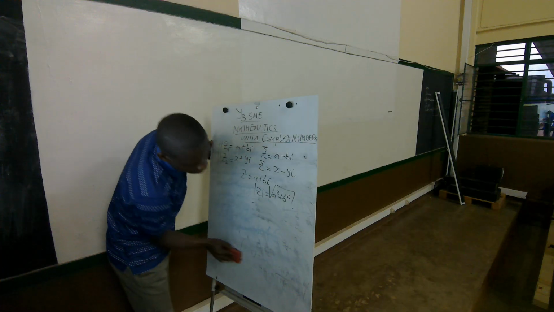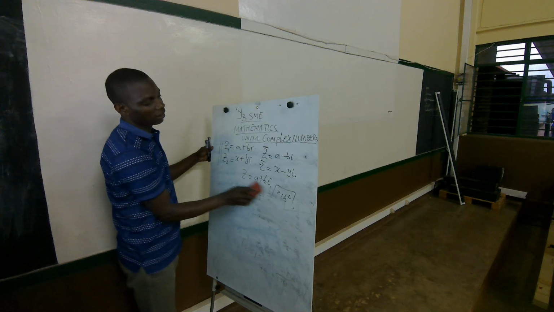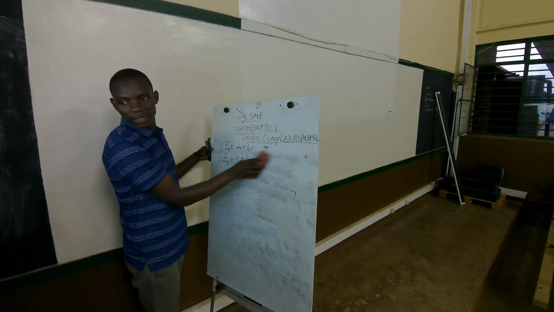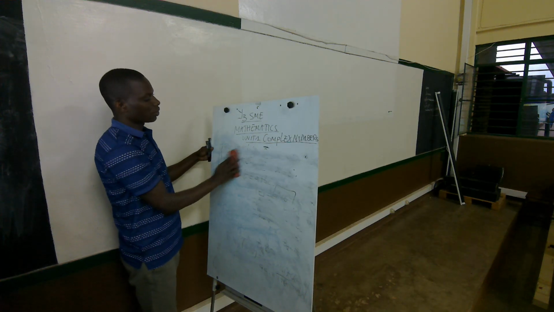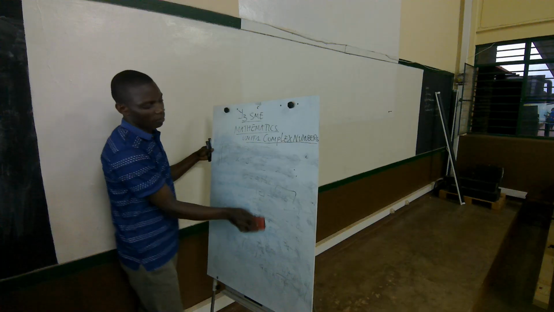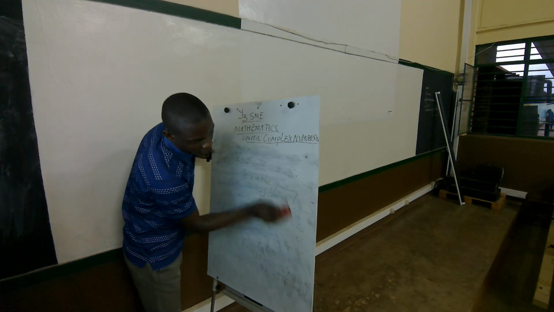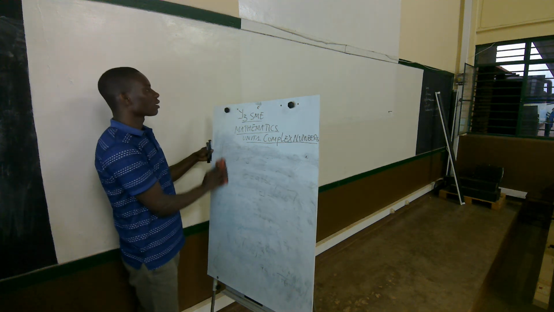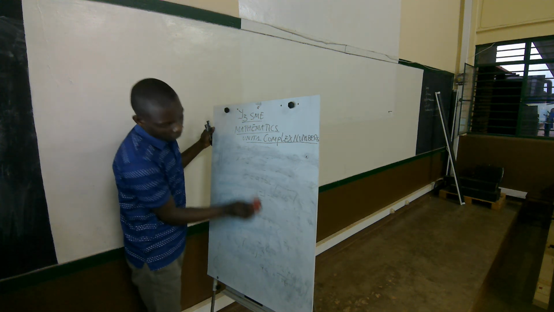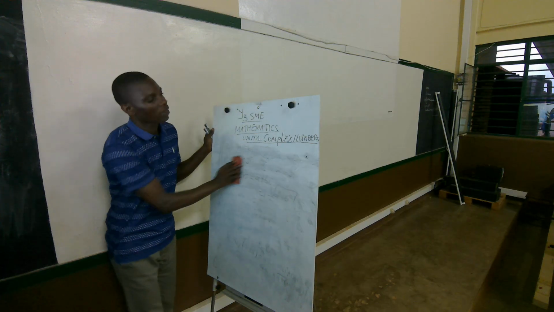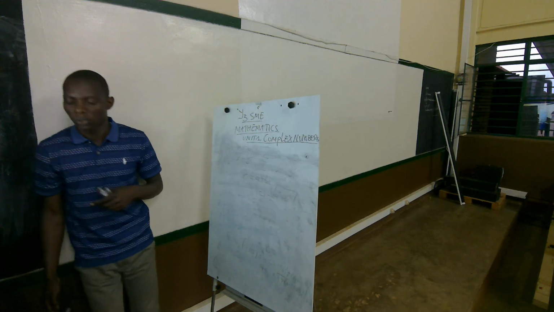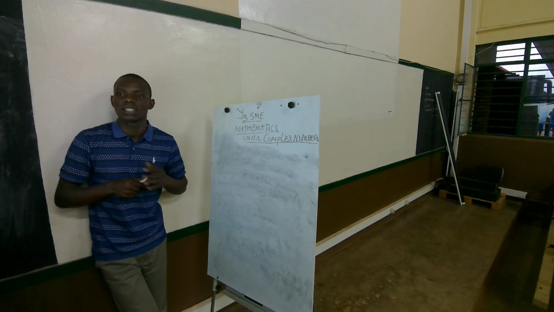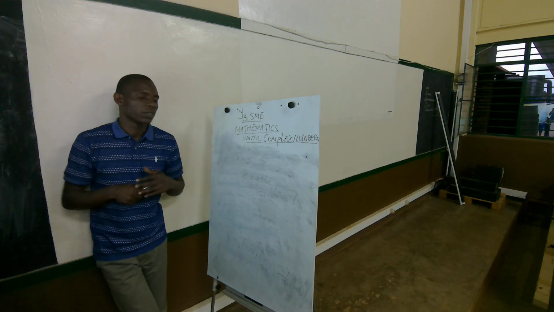So apart from that, we can see the topic of today, where we are going to talk about solving equations in a set of complex numbers. The main idea of complex numbers is to help us solve some equations which are not possible to solve in the set of all real numbers.